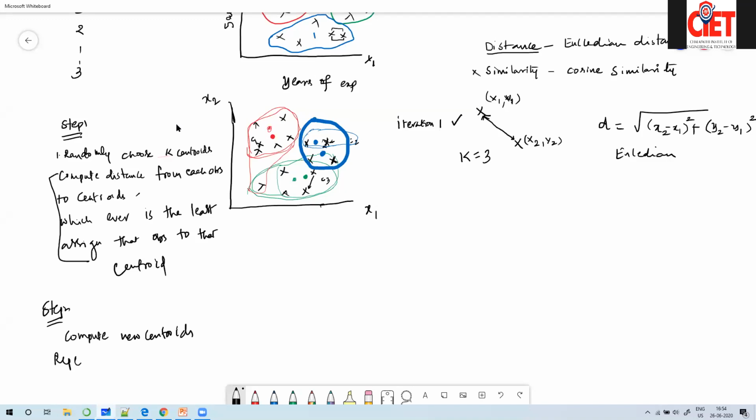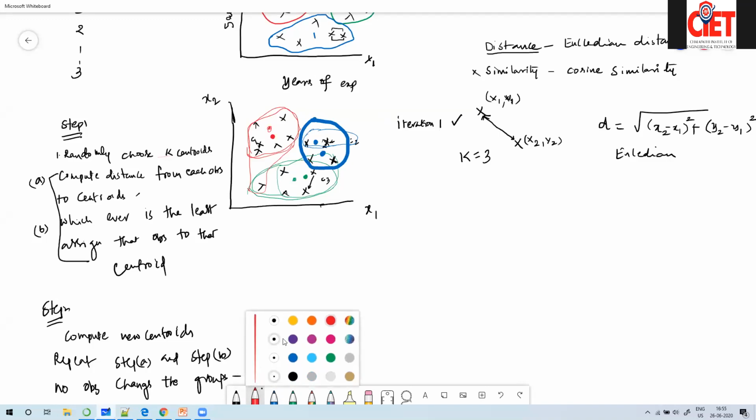Let's say this is step A and step B. Repeat step A and step B until no observation changes the groups. Stop. And that's when you get your final clusters, which are going to look like this.